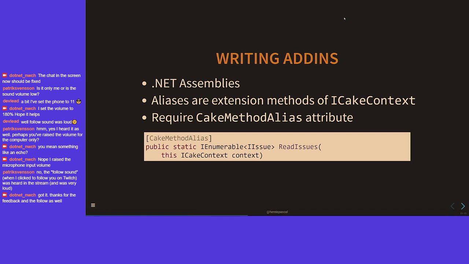Also, if you want to write add-ins, they're normal .NET libraries. So you create them, and you can define aliases inside. They are basically just extension methods of a Cake context. A Cake context is the interface. So if you create an extension method of a Cake context and additionally give it the attribute CakeMethodAlias, put this in a library, and package this as a NuGet package, then you have created your first add-in.